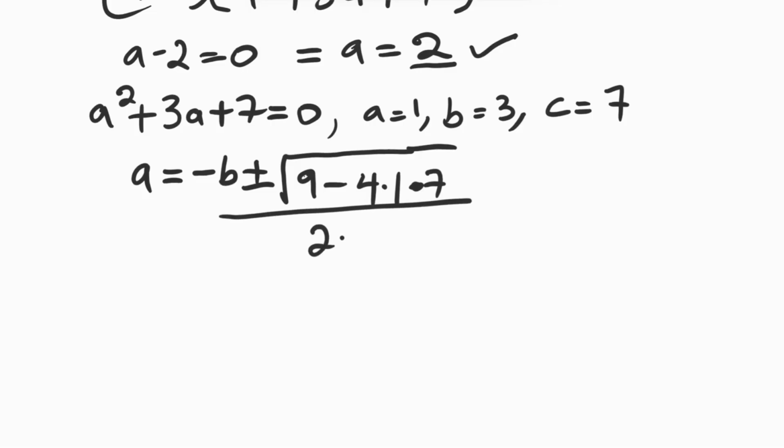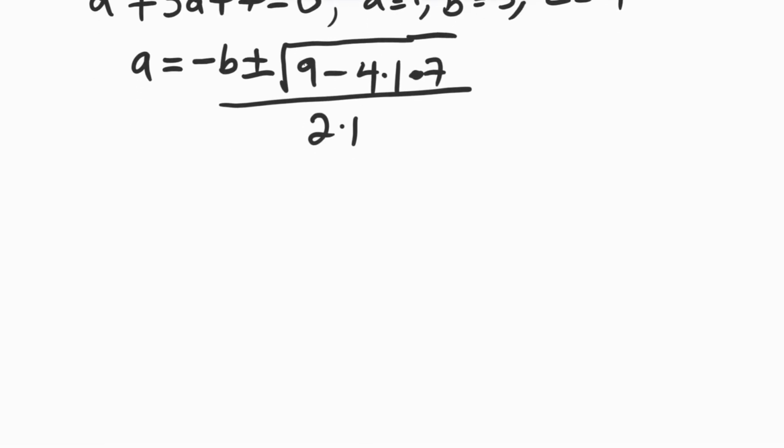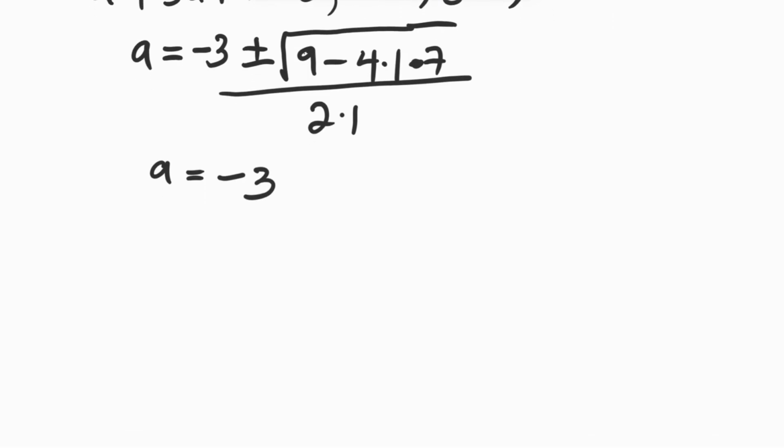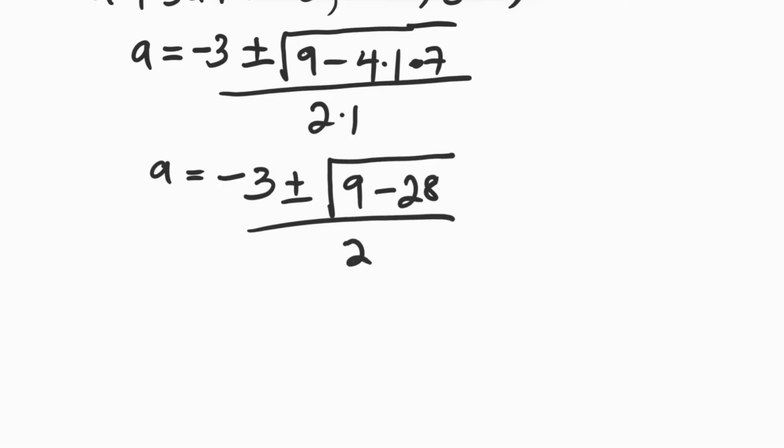Okay, now we have that a here is equal to, our b is 3, so might as well just put 3 there. So we have minus 3 plus or minus square root of 9 minus 7 times 4, which is 28, divided by 2, and this becomes minus 3 plus or minus square root of minus 19 divided by 2.